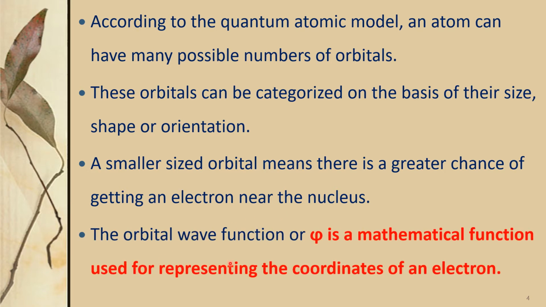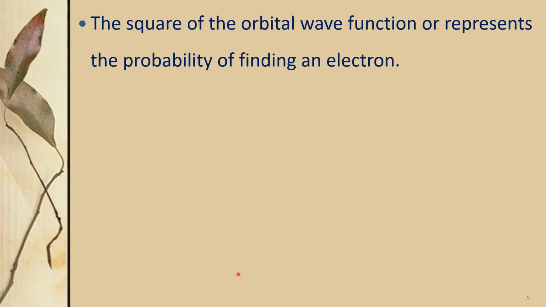The orbital wave function, symbolically psi, is a mathematical function used for representing the coordinates of an electron, x, y, z, that is 3D. The square of the orbital wave function, psi square, very important, represents the probability of finding an electron.